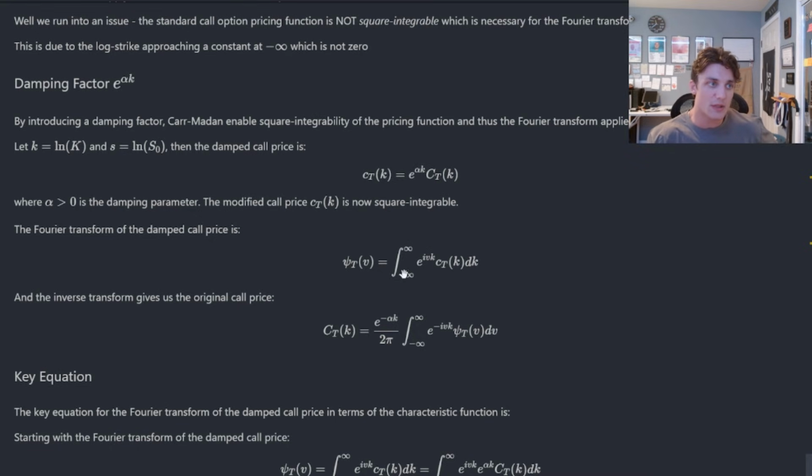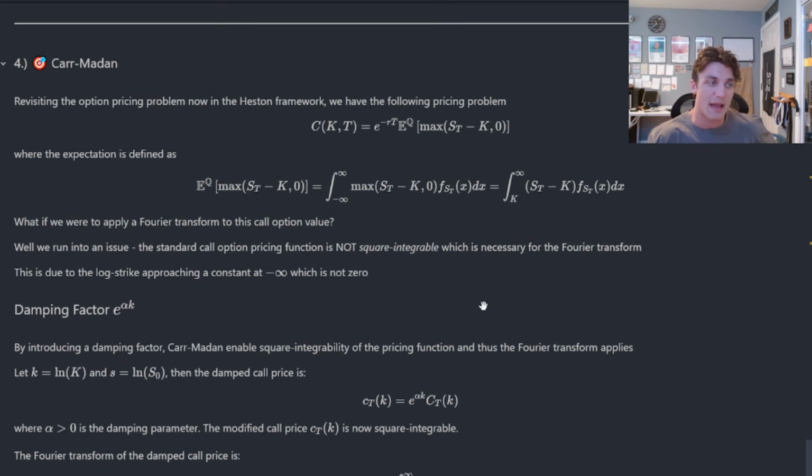So the first stage of this is understanding that if we look at the option pricing problem, we have this expectation, we have this integral. If I wanted to apply the Fourier transform, I can't. It's going to break down. It doesn't satisfy one of the necessary conditions to be able to apply the Fourier transform. So a clever trick.